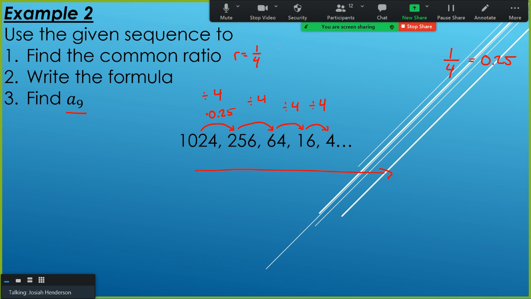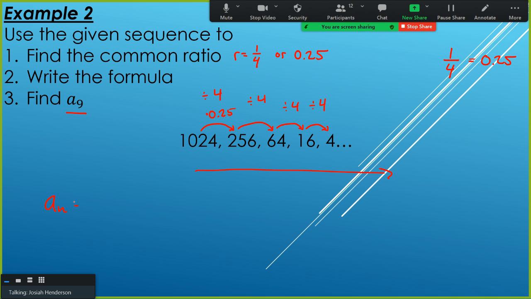So let's write it how Anaya said it, as either the decimal 0.25 or the fraction 1 over 4, because that's what we're multiplying by each time. So if we find it as a division, make sure that you either put that under 1, like 1 over 4, or write it as a decimal. That's legit as well.